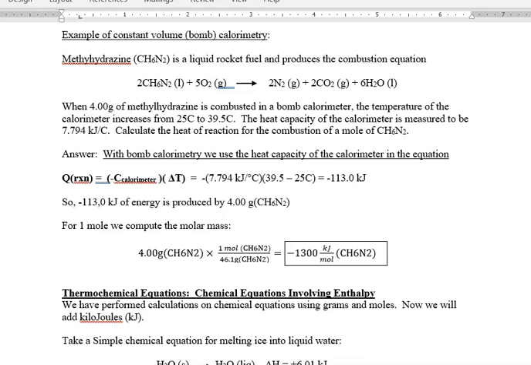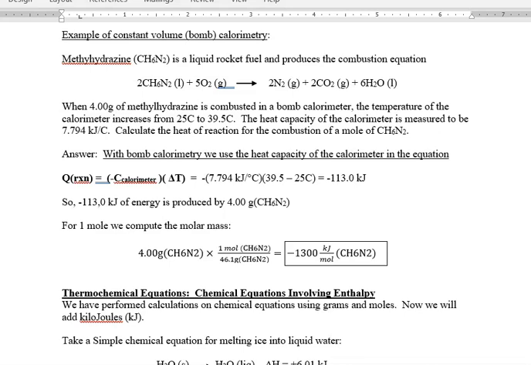You just wanted to know the heat capacity of the water, which is 4.18. But with bomb calorimetry, you need to know the heat capacity of the calorimeter system, which is the water and the actual device, the container that's holding the water. And you have to measure that separately in a separate experiment. So that's what makes bomb calorimetry a little bit different. But I wouldn't get too lost in that detail.